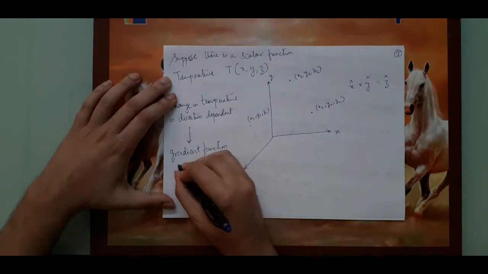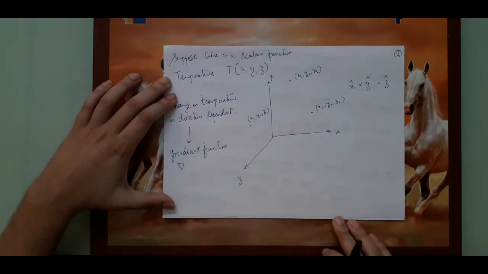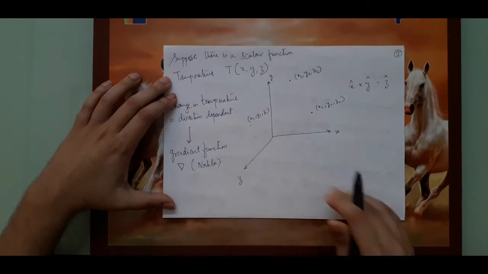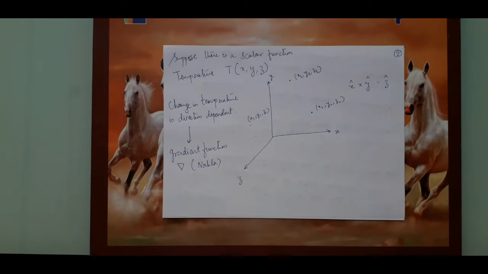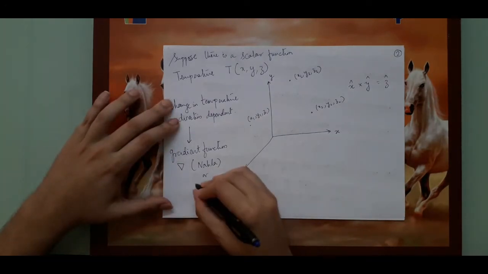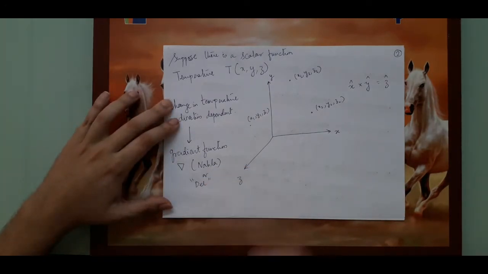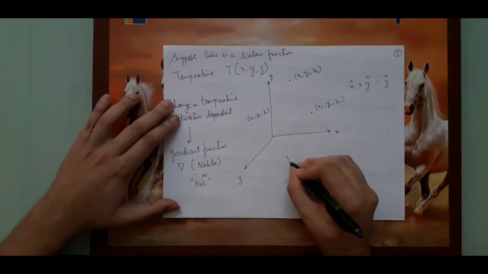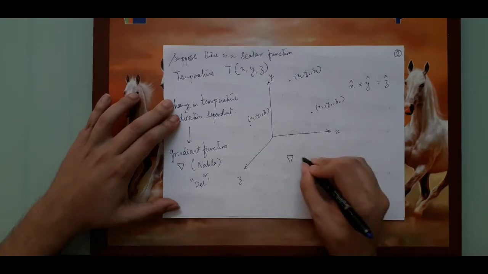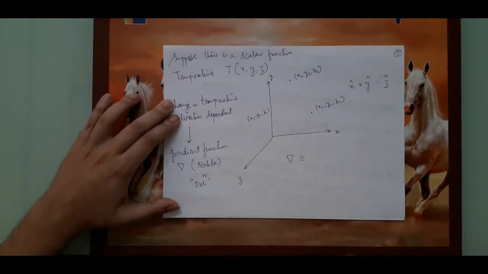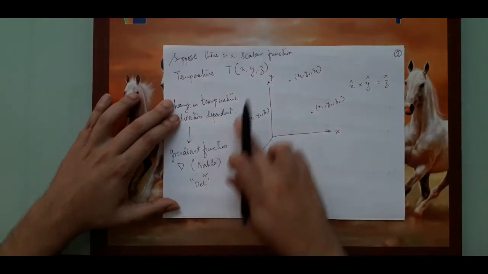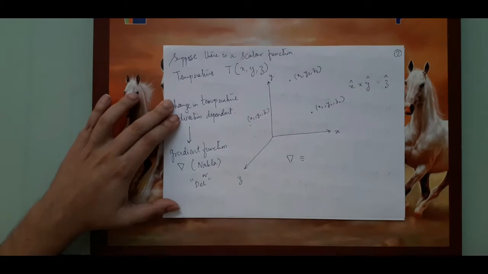The symbol for that is an inverted delta, or the Greek symbol nabla, or what we call del. This del is defined as an operator using partial derivatives along the 3 axes and the unit vectors along the 3 axes.